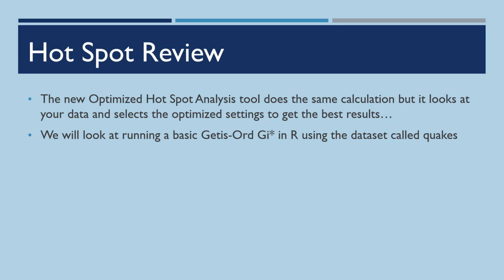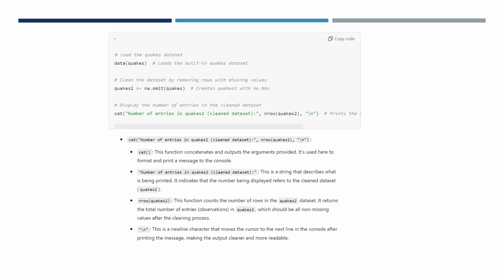Now what we're going to do is look at running just a basic Getis-Ord Gi star in R. We're going to use the data set that's pre-installed in R called quakes. All right, so it looks kind of like this.